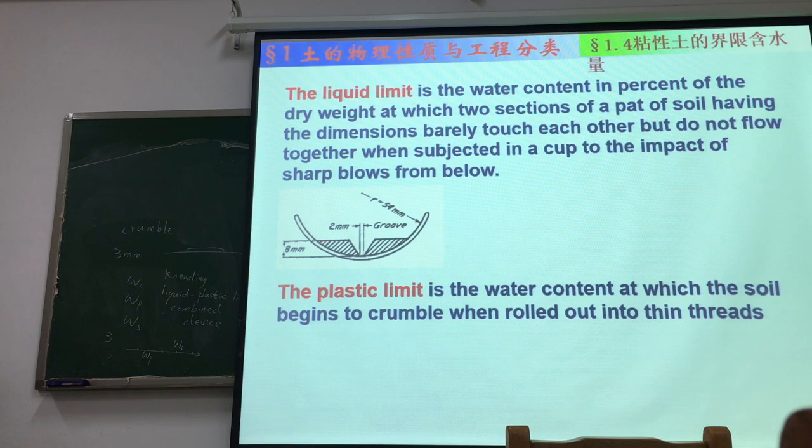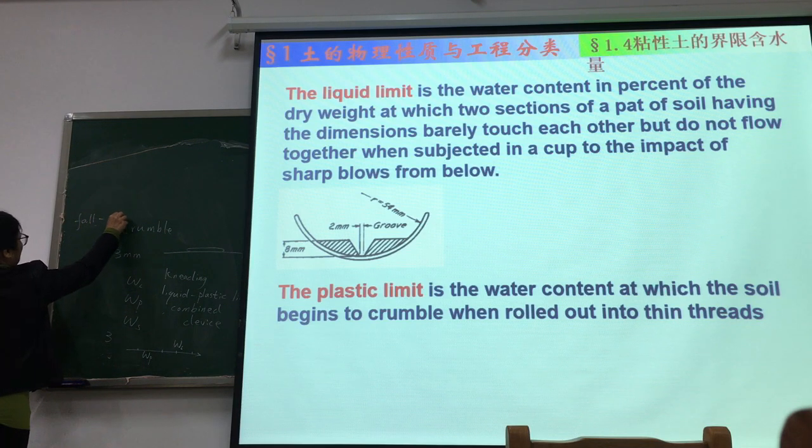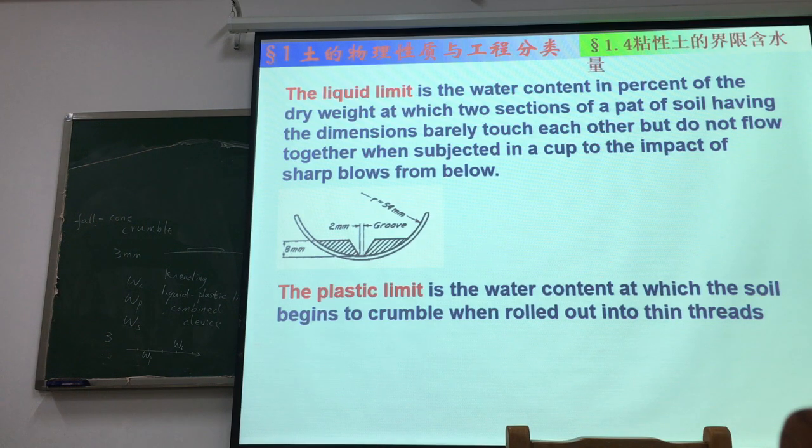And we use the cone test. A cone is held from a certain height and dropped into the soil, okay? And we measure the depth of the cone in the soil. We know maybe the depth increases with the water content. Okay.